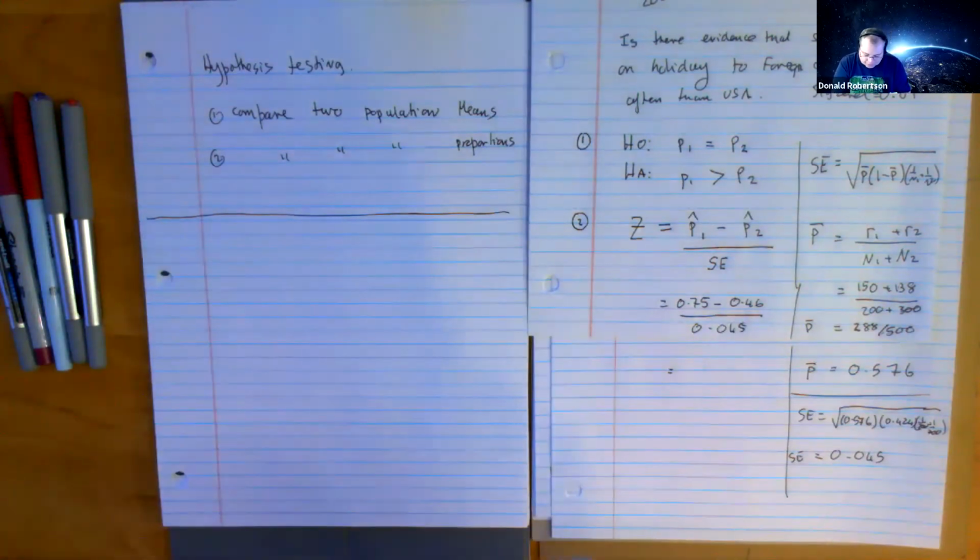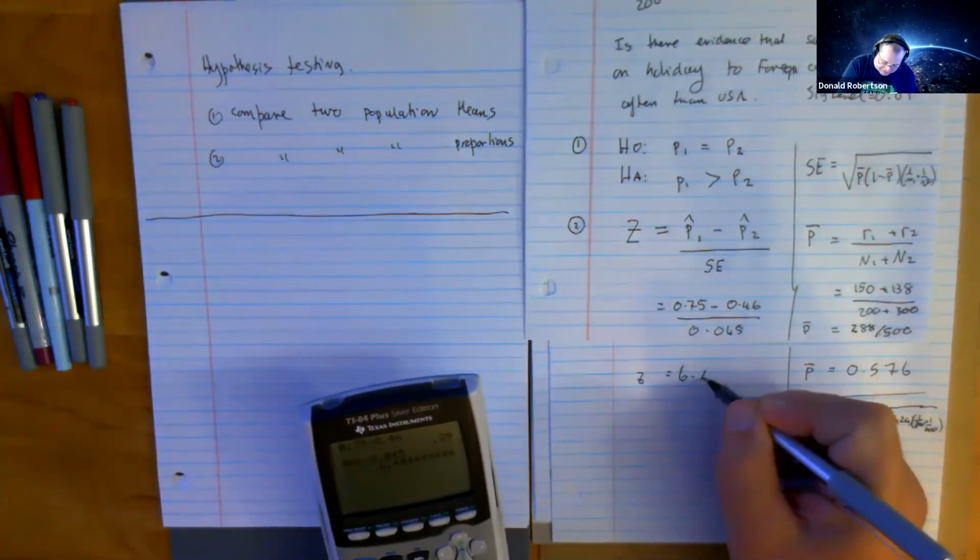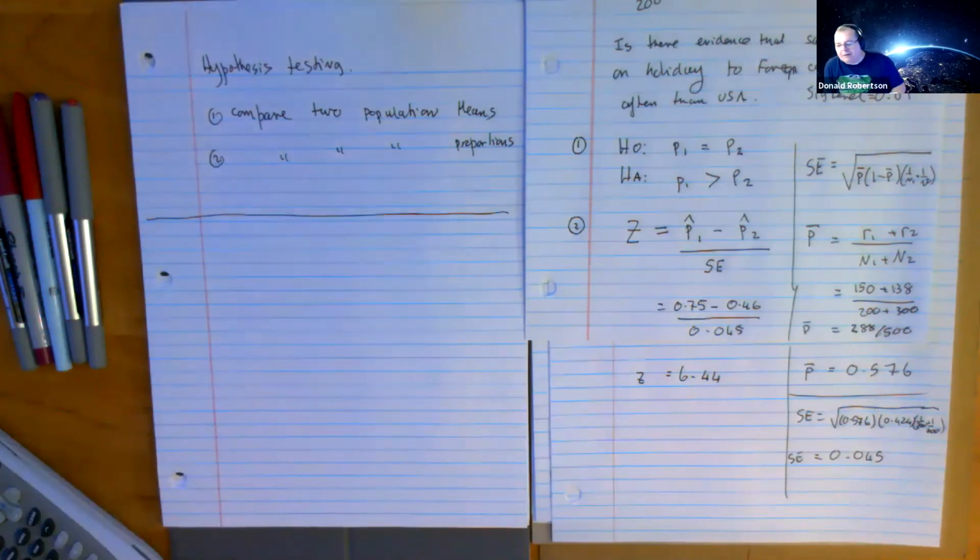I'll do that now. So 0.75 take away 0.46 is that, divided by 0.045, and I am looking at a very interesting z-score. I like that kind of number. Can you tell that this is going to be statistically significant, even though I haven't finished the question?